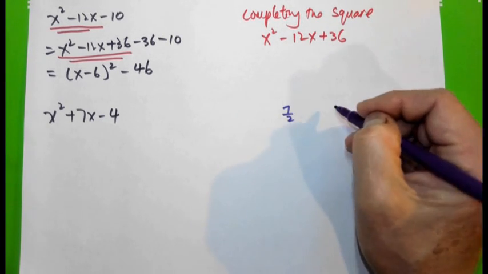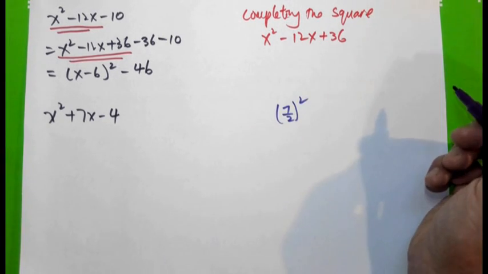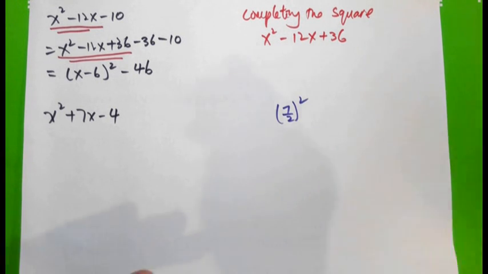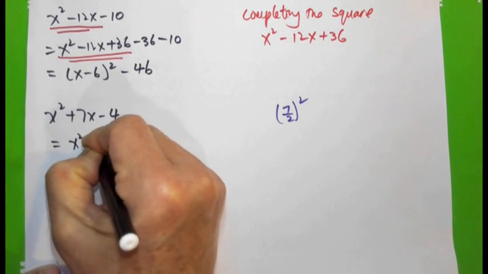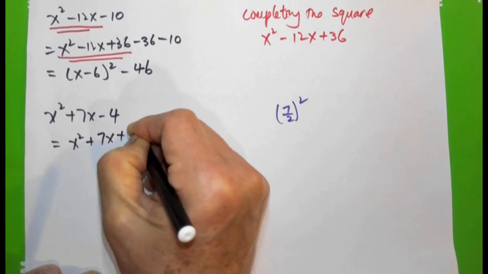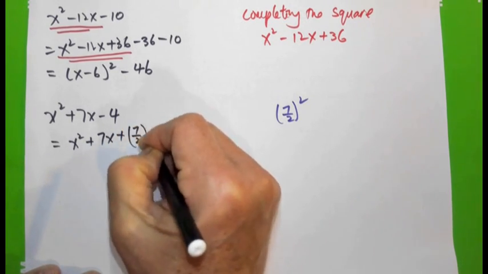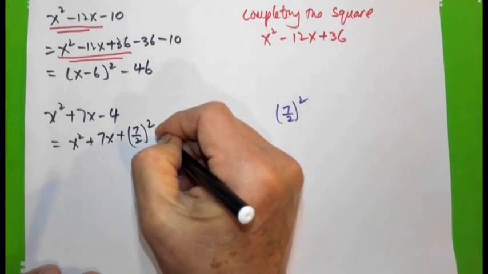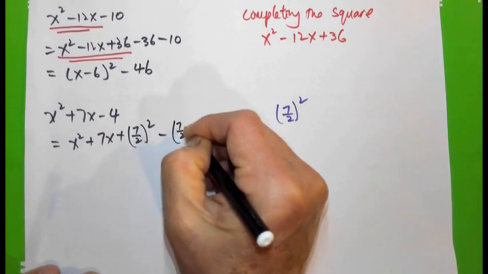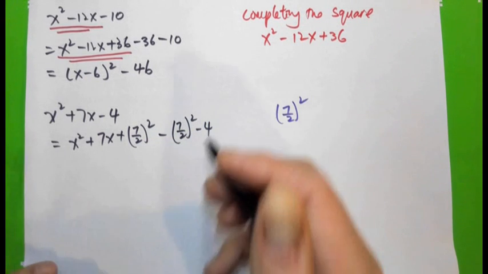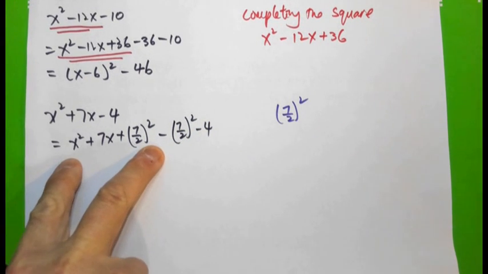Squaring it gives us that. So, what we can do is rewrite this as x squared plus 7x plus (7 over 2) squared. Let's leave it at there. Minus (7 over 2) squared minus 4. Now, can we factorize this?